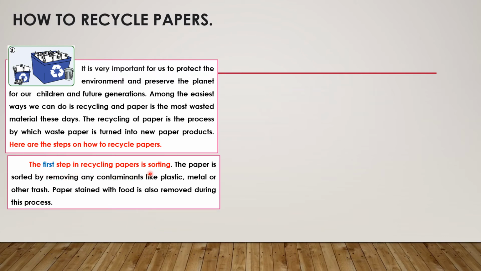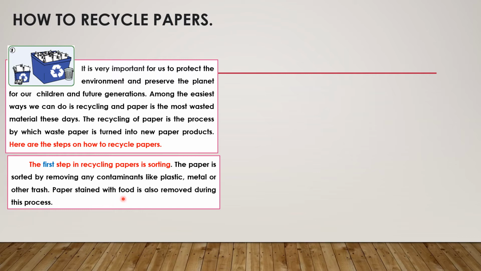Now, the first step in recycling papers is sorting. So you need to choose and sort. The paper is sorted by removing any contaminants. Contaminants means something that is not paper, anything that can contaminate the paper, like plastic, metal, or other trash. So we need to remove that. That is sorting.